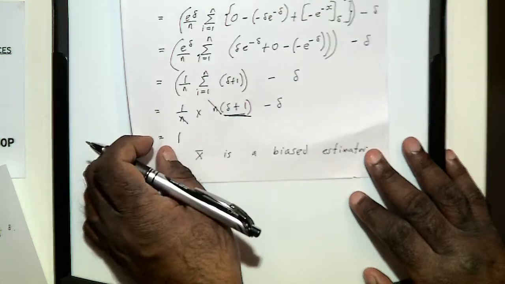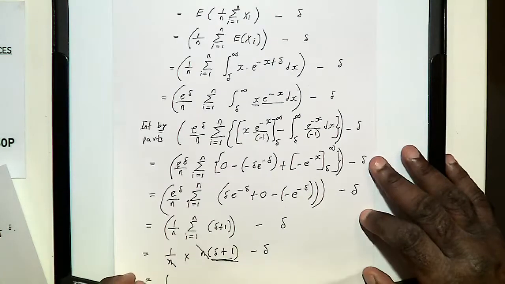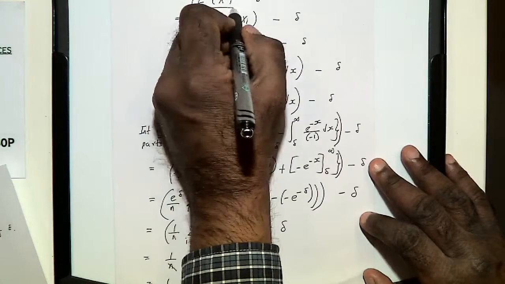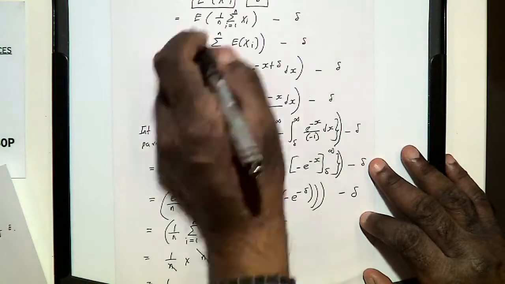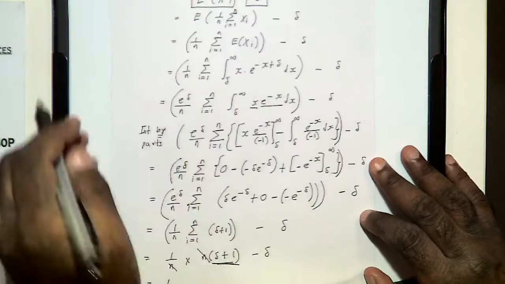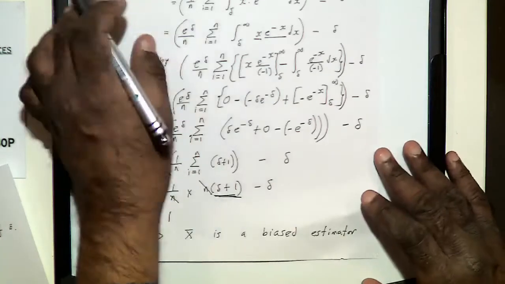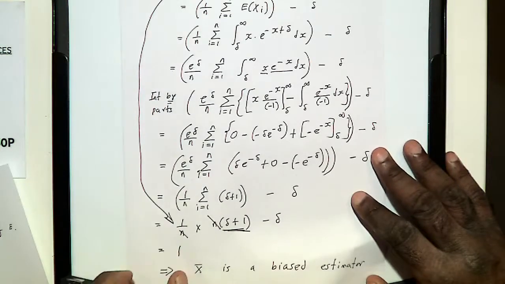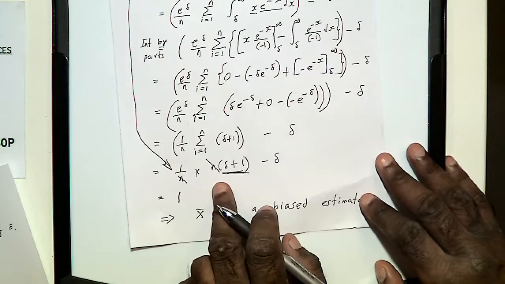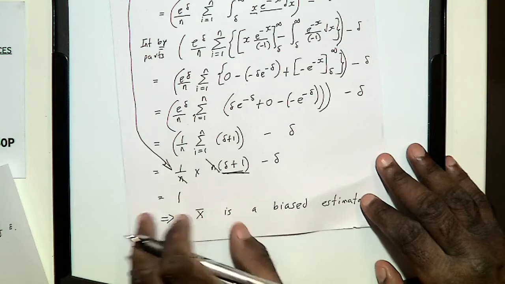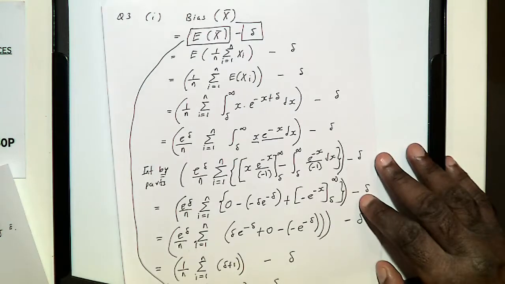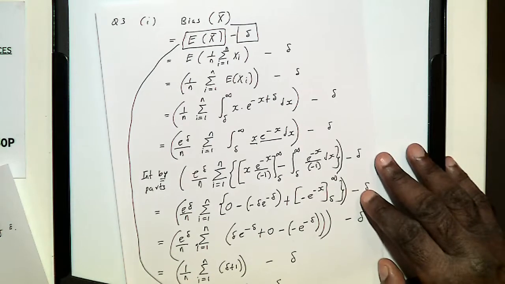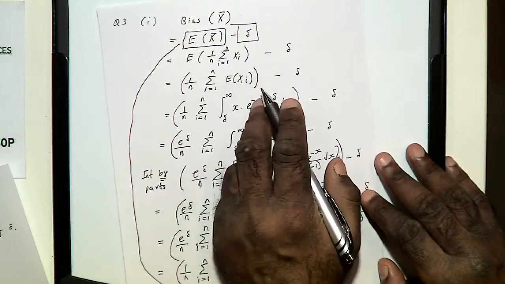So wouldn't the bias just be 1? Yeah, the bias is 1, for the first part, yes.